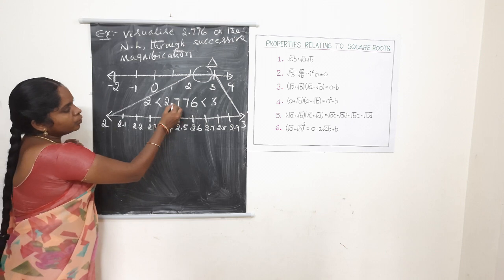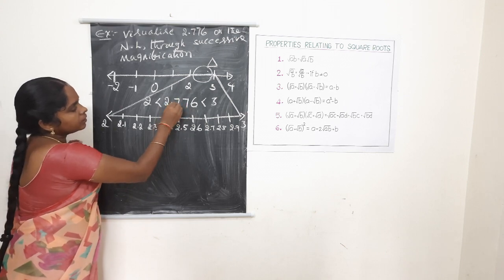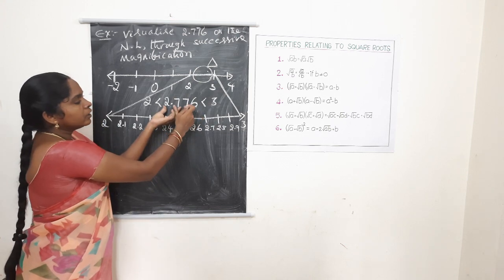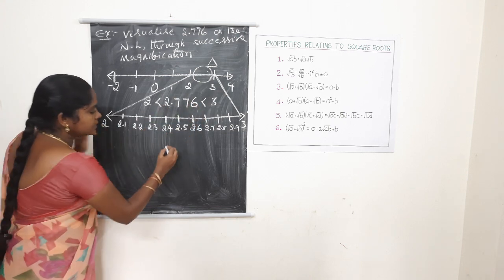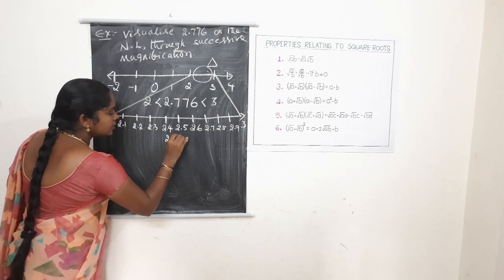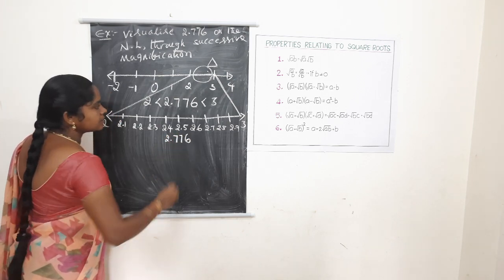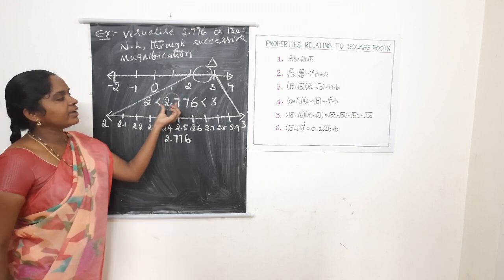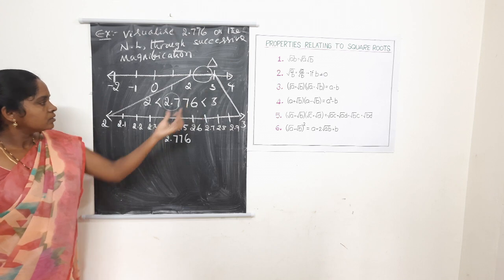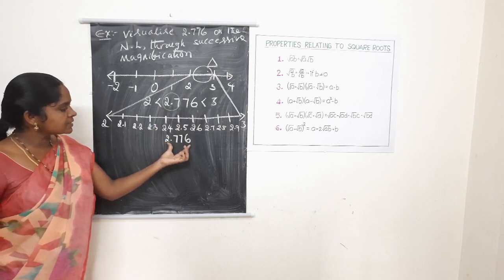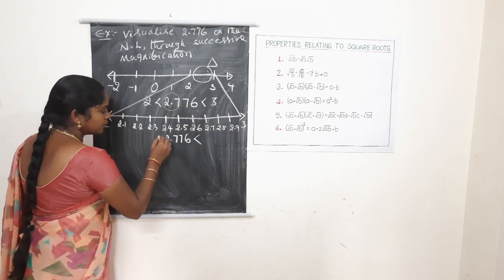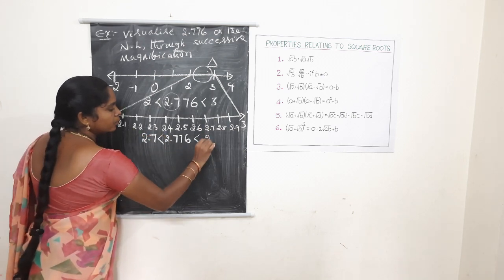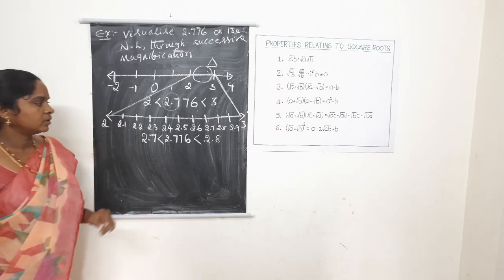Next to 2.7, there is something. So this number 2.776 lies between 2.7 and 2.8.